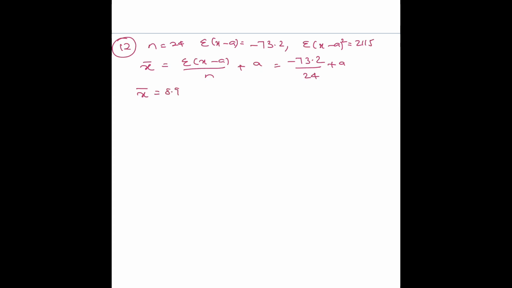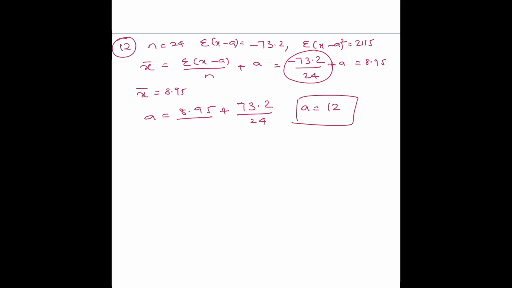Plus a, and x bar given was 8.95. So I'm setting this to the other side. So a is 8.95 minus minus, is plus 73.2 over 24. A is 12.